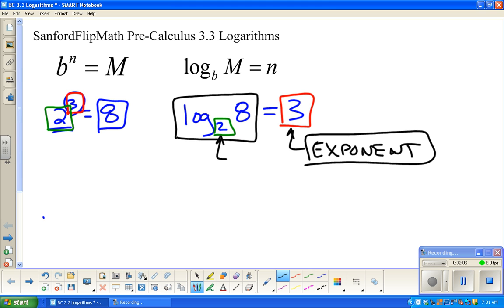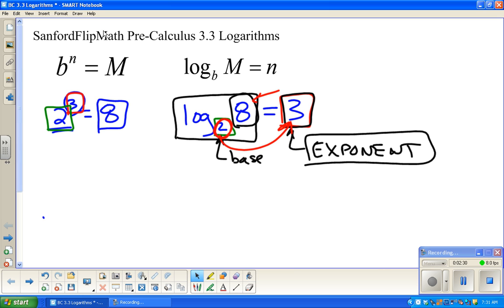The base goes in the bottom, the thing that was raised to a power, and then the exponent's on the other side, and the only other place is that little guy, and that's where the answer goes. So again, the idea here is 2 to the third equals 8. I know that feels weird to write it in that arrangement, but that is how the log works.